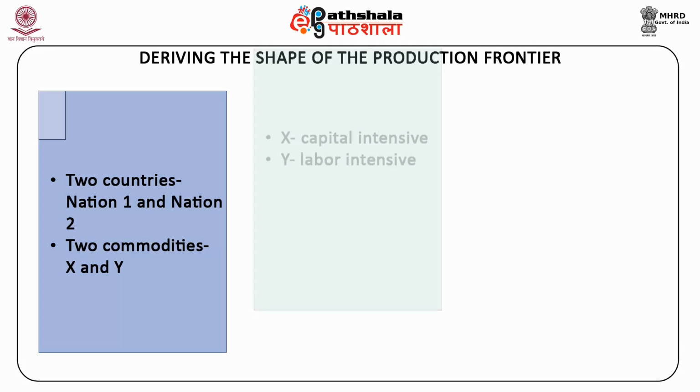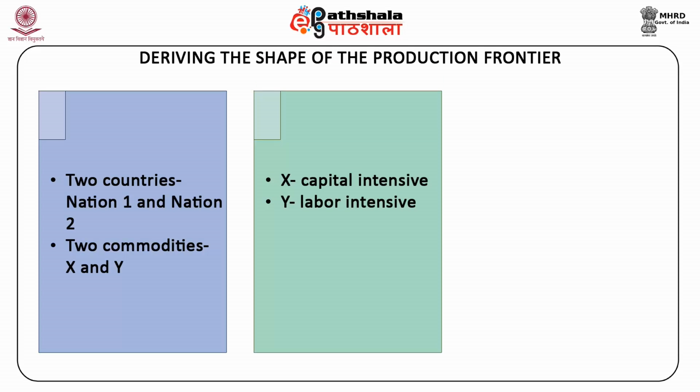Take commodity X to be capital intensive, that is, it can be produced with less labor relative to capital, and it has a higher capital labor ratio. And commodity Y to be labor intensive commodity, that is, it requires a substantial amount of labor relative to capital.